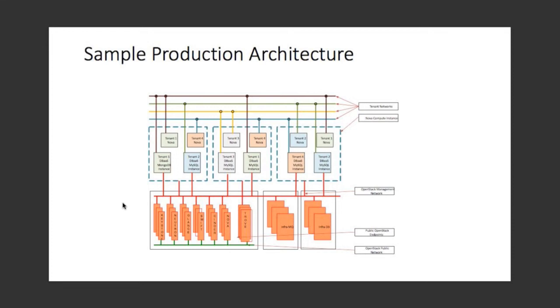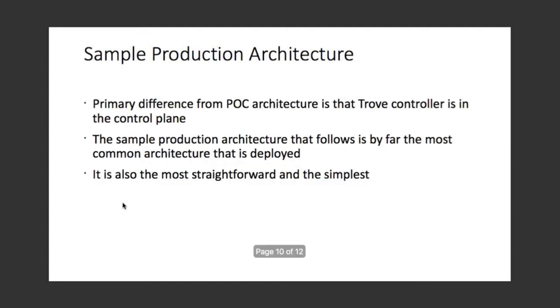The virtual machine or the bare metal instance will be on the tenant network and on a management network. Here, all we've done is we've moved Trove from being on an independent VM running its own private infrastructure onto the OpenStack infrastructure. So the primary difference from the POC is that we're moving Trove into the control plane, and this is the most common one which we're seeing people use in production.